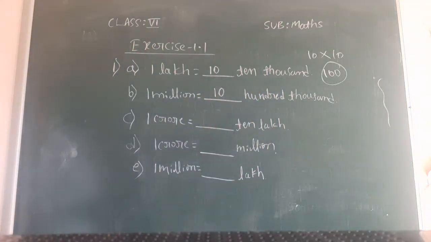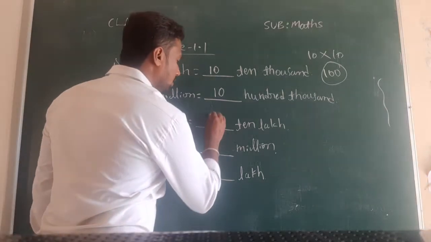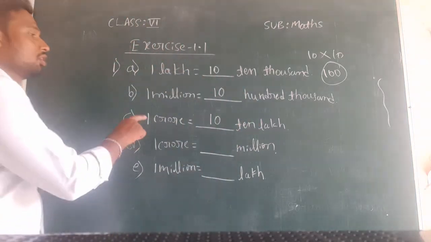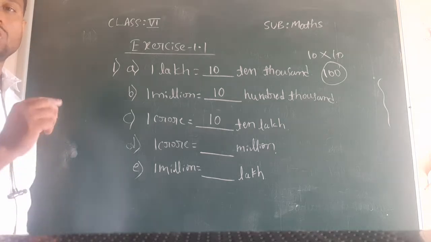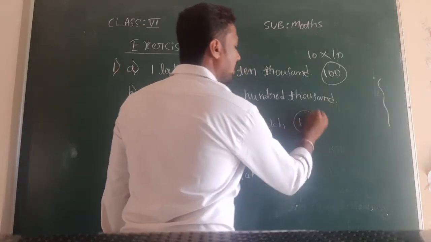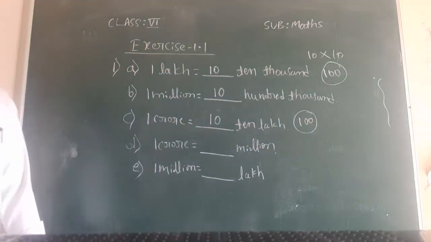Next, 1 crore equals to how many 10 lakhs? In 1 crore, 100 lakhs will be there. 100,000 means 1 lakh, and like that 100 lakhs means 1 crore.